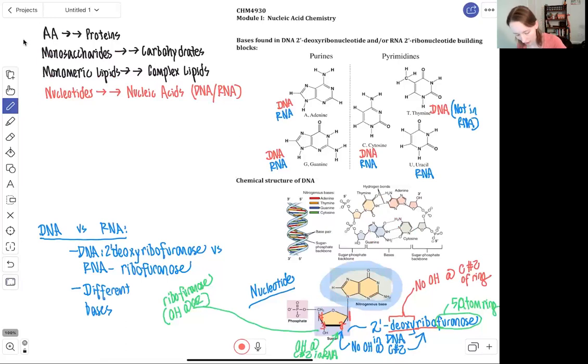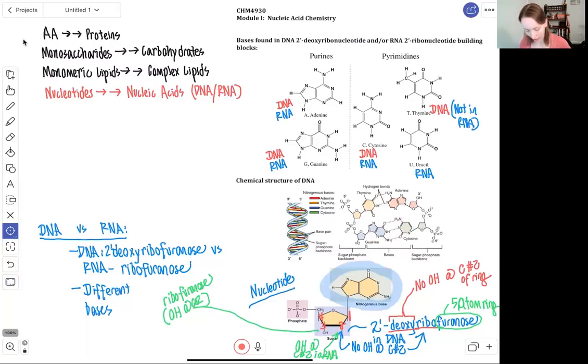And I should add here that of these nitrogenous bases that I put in the upper right-hand corner, RNA also has some additional modifications of these structures to make them unique to specific organisms. They will have some slight structural modifications to some of these structures. So RNA incorporates a few extra nitrogenous bases as well.